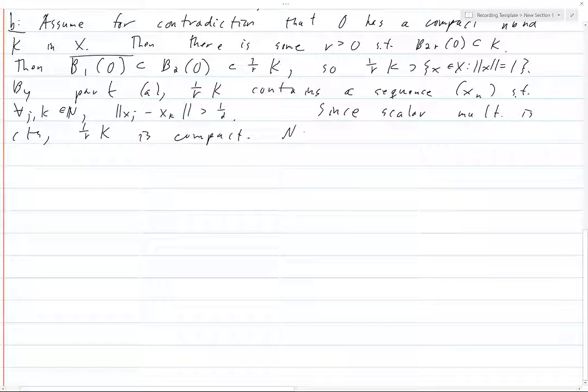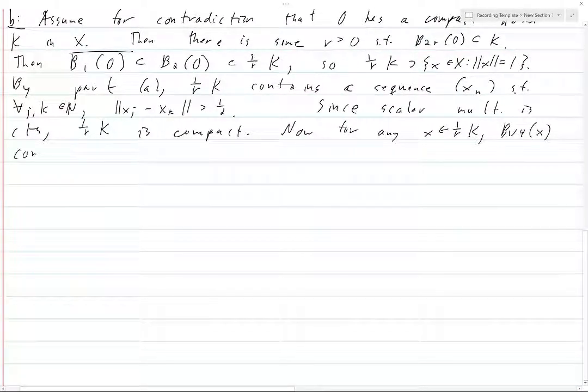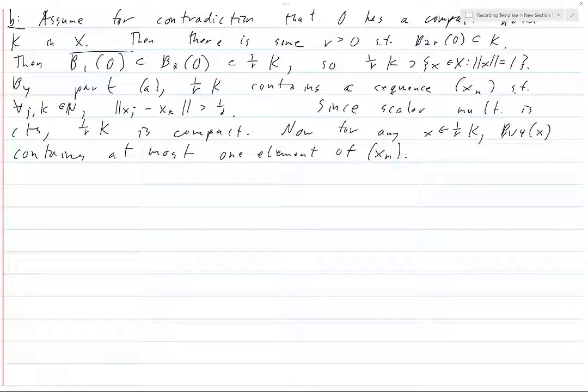Okay, so for any x in 1 over rK, the ball of radius 1/4 around x contains at most one element of the set xn. Why is that?